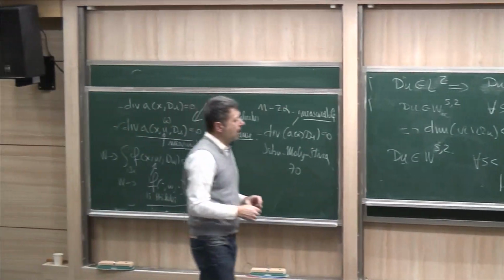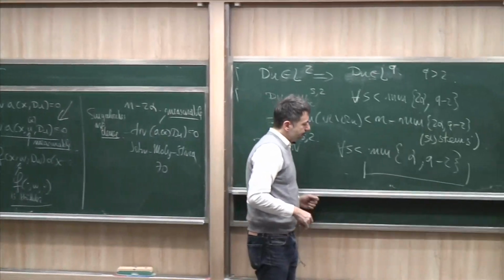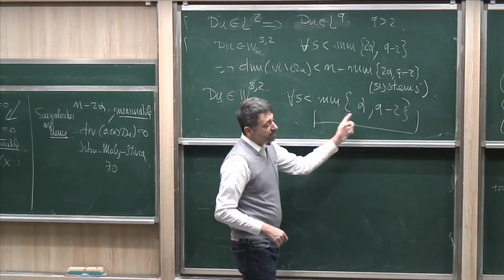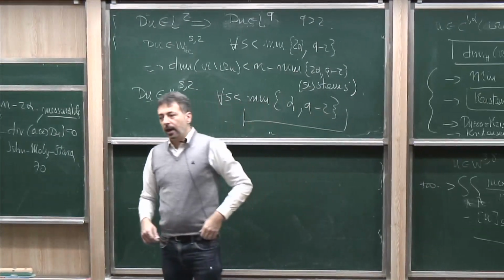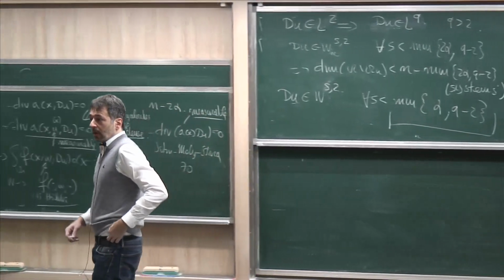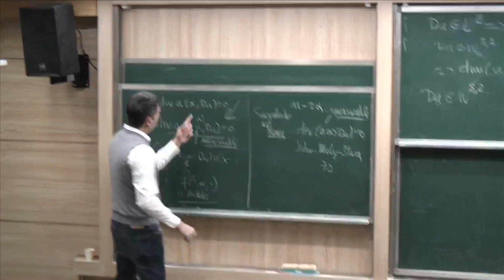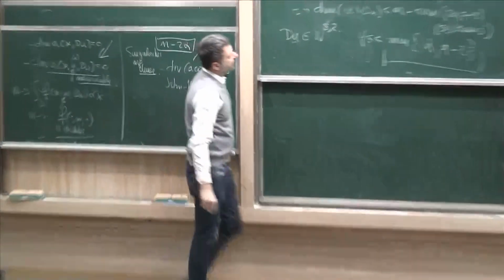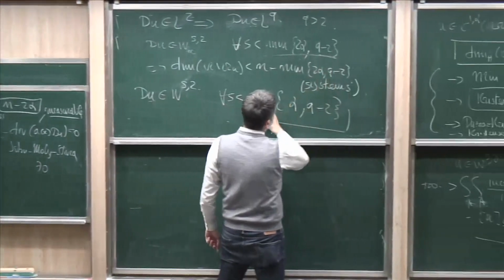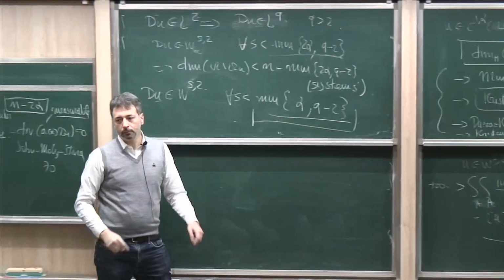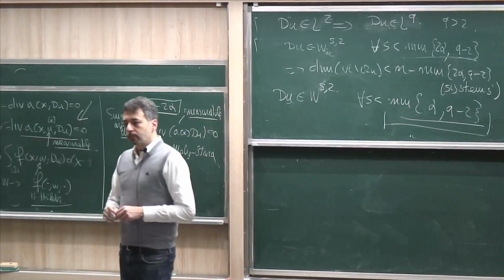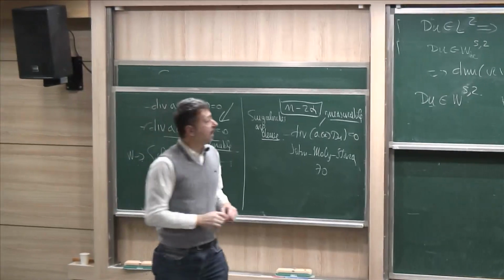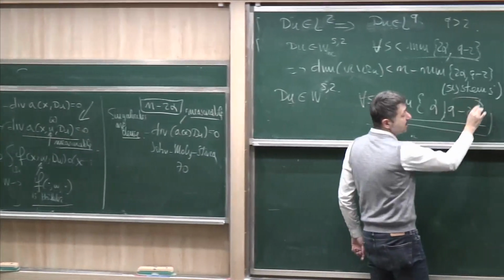And of course, now you might wonder if you can make some improvements of this estimate. And there are improvements. Because you see, you pass from n minus 2 alpha to this quantity, and the worsening is given by the following object.